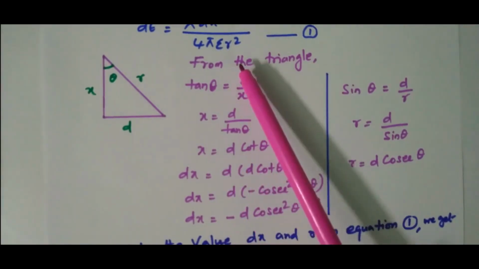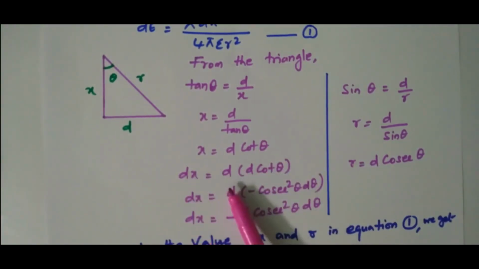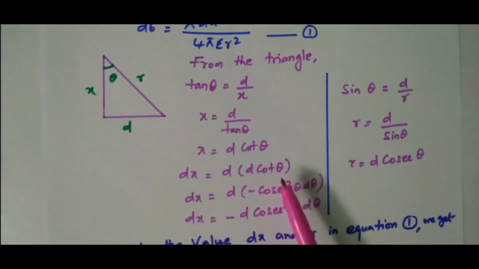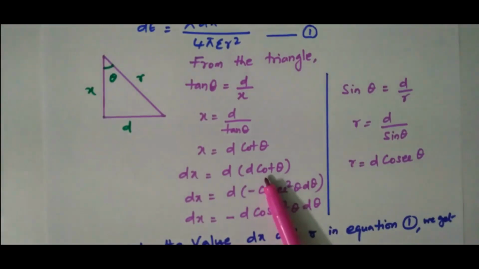But here what we need is dx, so differentiate on both sides. Dx equals differentiation of d cot theta. The d is taken outside. Differentiation of cot theta is minus cosecant square theta d theta. Therefore dx equals minus d cosecant square theta d theta.